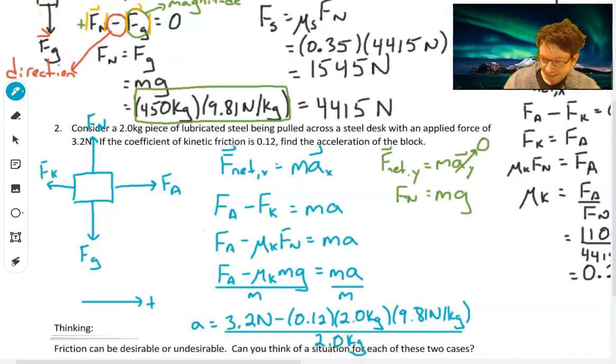Okay, so that gives us an acceleration of 0.42 meters per second squared.